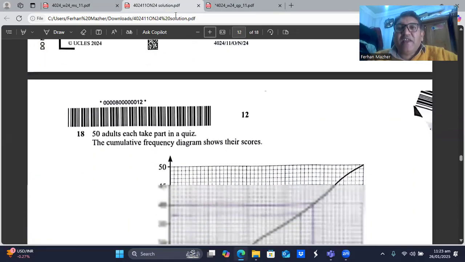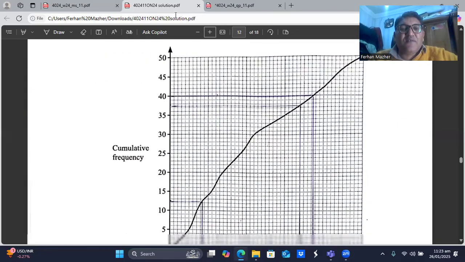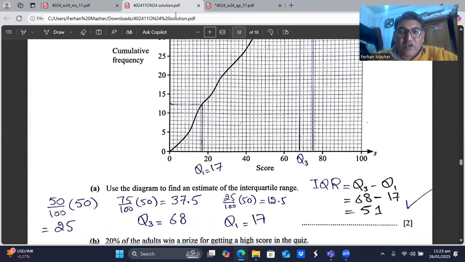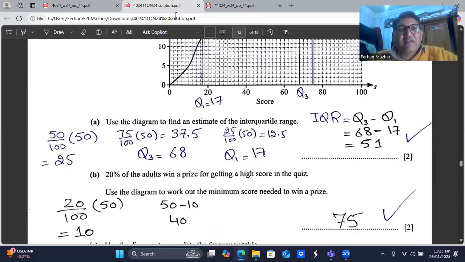You take 75% of the total cumulative, which here is 50. So 75% of the cumulative is 37.5.